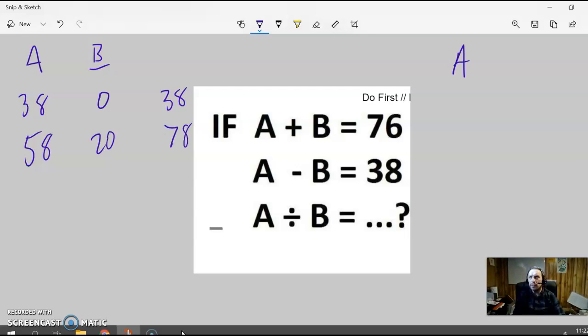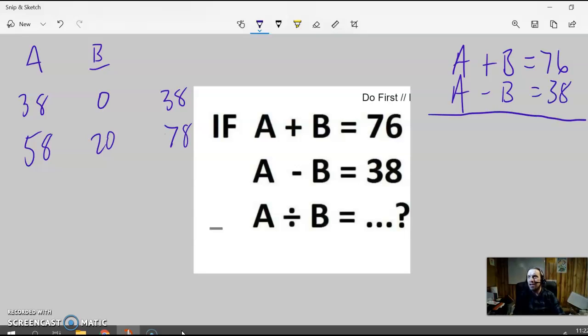Another way of doing this is combining equations. And this is how I first thought about this, but you might not have thought about this the first time because you're like, you can do that? We can actually take this top equation and subtract the entire bottom equation. And so you get a minus a is 0a, b minus negative b is 2b, 76 minus 38.